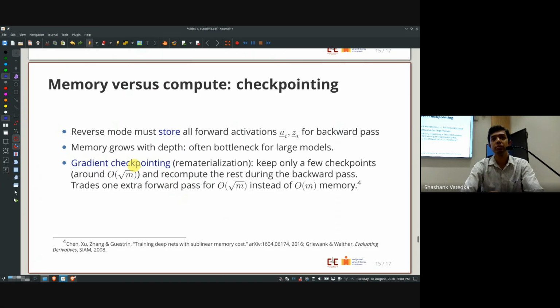Which ones? You typically do it at a regular interval. So let's say you don't store the first root m. Only after root m layers you store, and then for the next root m layers you don't store, and so on. That's what is typically done. But then there are a lot of other engineering optimizations that one does.